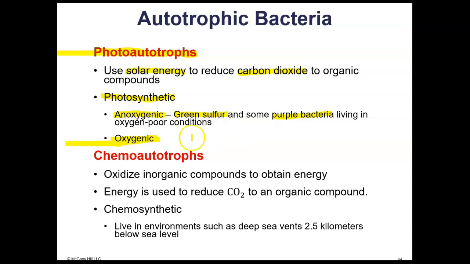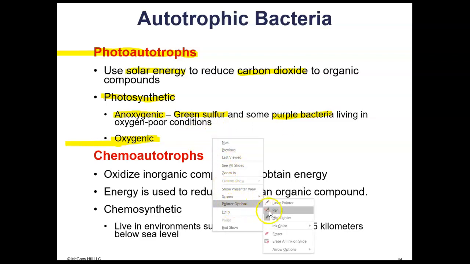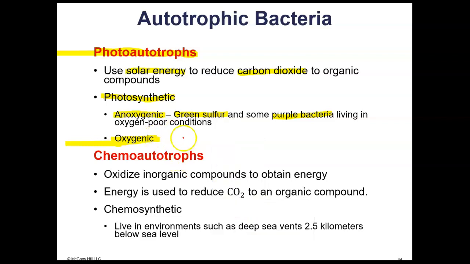So the oxygenic bacteria, I need to write this in here. I hope I can, because I have trouble doing that sometimes. But they are called cyanobacteria.